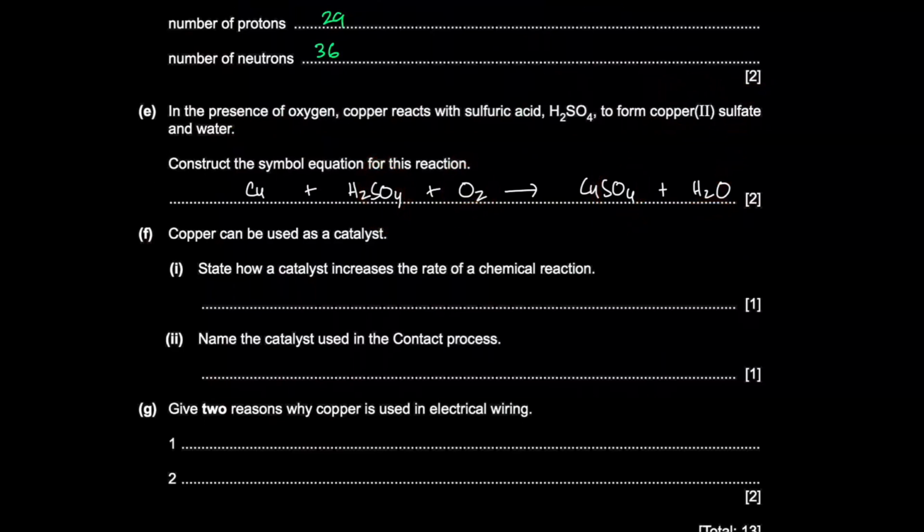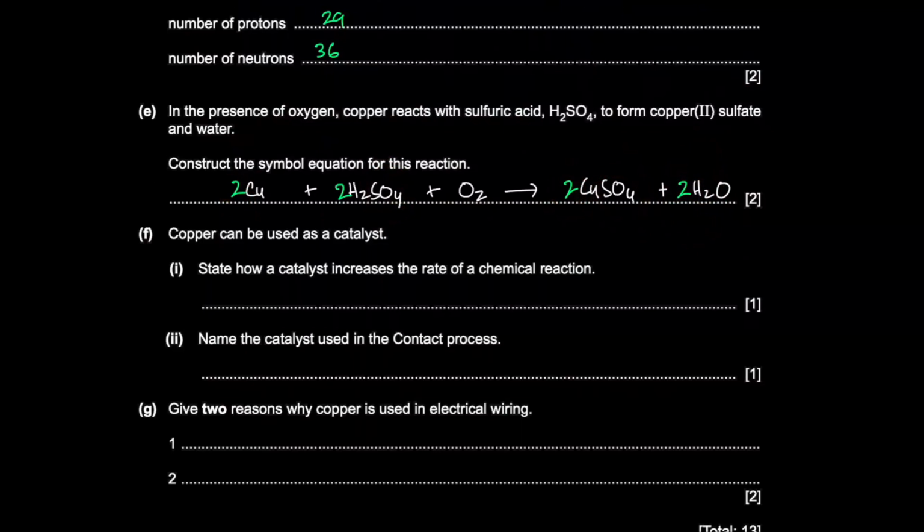We have two H2O, right, to balance these oxygens, and then we have four hydrogens here, two H2. So then we're gonna have two H2 over here, and then you have two sulfates over here. And then you have two coppers, so you're gonna have two coppers here. So this is the balanced equation.